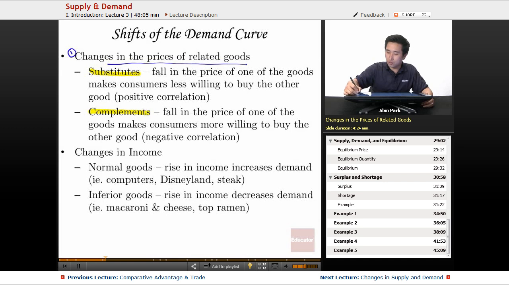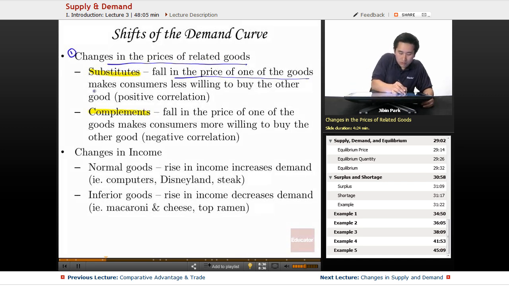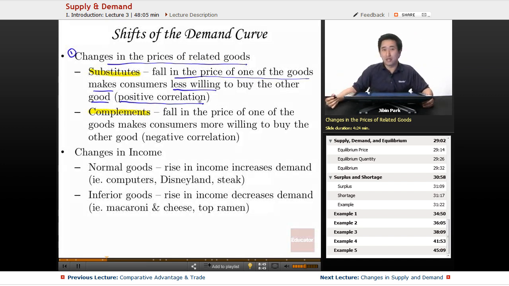Okay, so substitutes. What you have here is that a fall in the price of one of the goods makes consumers less willing to buy the other good. So there's a positive correlation. Let's say, for example, that you have two items. A very simple example would be Coke and Pepsi.